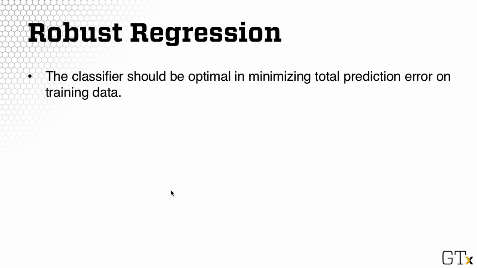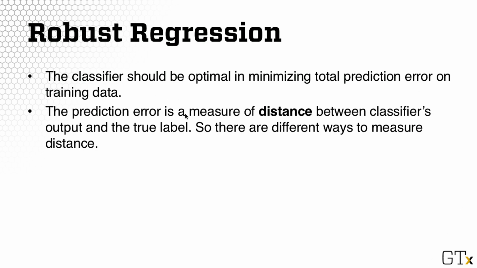So how do we do that? The classifier is constructed by minimizing the total prediction error on training data. What we mean by that is the prediction error is a measure of the distance between the classifier's output, meaning the prediction from our linear classification, versus the true label. The doctor already labeled a certain amount of data points, and we use that to train our computer to come up with a linear classification.